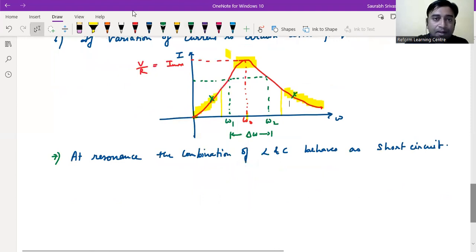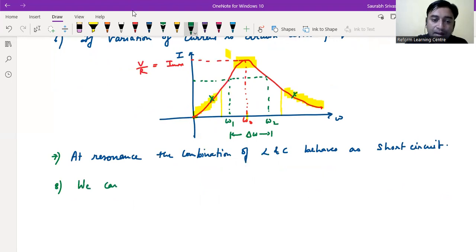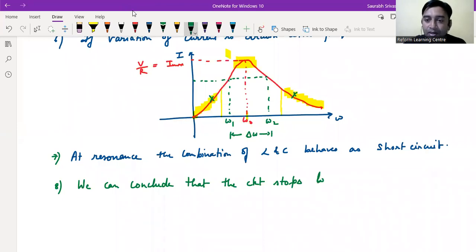Again, we can conclude that the circuit stops. Conduction नहीं कर रहा मतलब stop कर दिया. We can conclude that the circuit stops lower and higher frequencies.